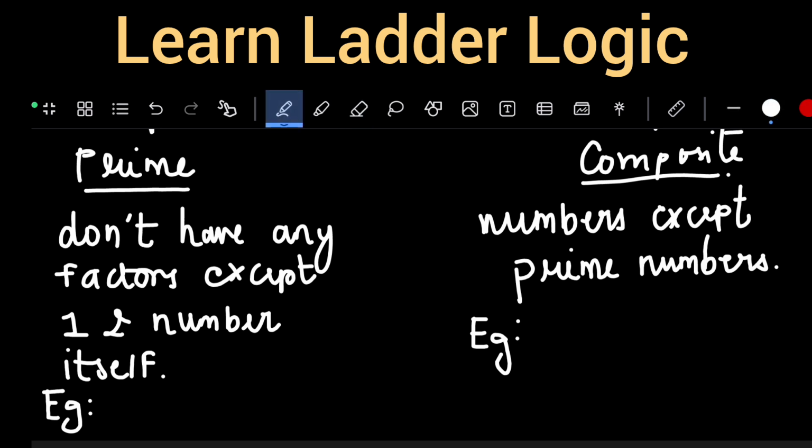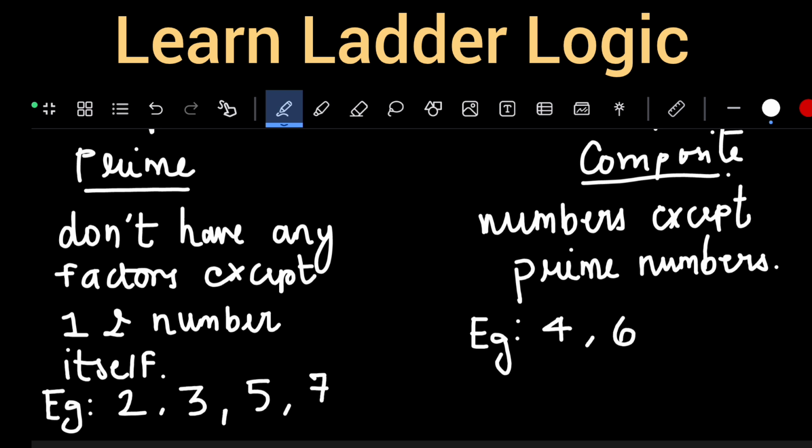So, 2 is a prime number because it comes only in two tables. 3 is again a prime number, whereas 4 is a composite number because it comes in two tables and four tables. 5 is a prime number. 6 is a composite number because it comes in two tables as well as in three tables. Number 7 is a prime number.